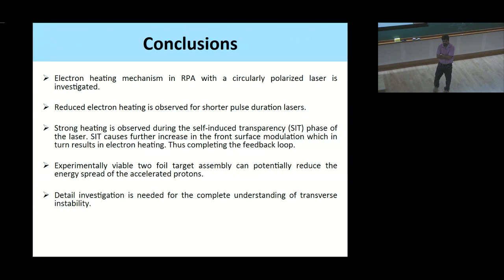Yeah, I think that's a valid point. So we are looking into that. Basically, alternate target designs for RPA, because right now what we are doing is perhaps mostly the single target with that nanometer thickness. So that's the main point that I want to emphasize here: different schemes can be explored.